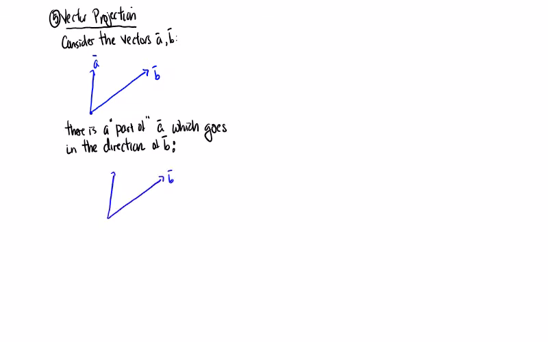Here's A. If you imagine dropping this down perpendicularly and creating a new vector right here, it's the part of A that's in B's direction. This is what we're interested in. Now, what is this vector?